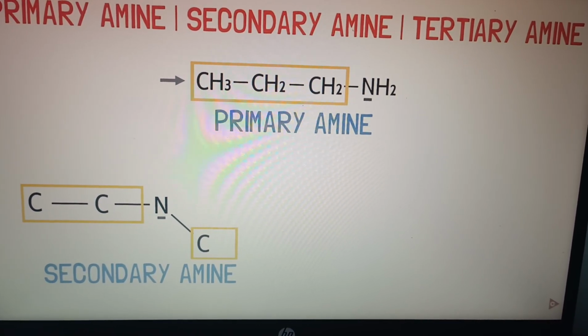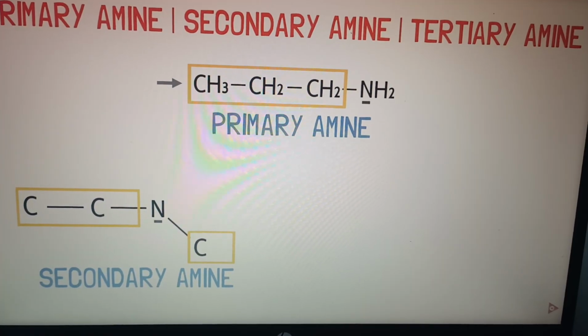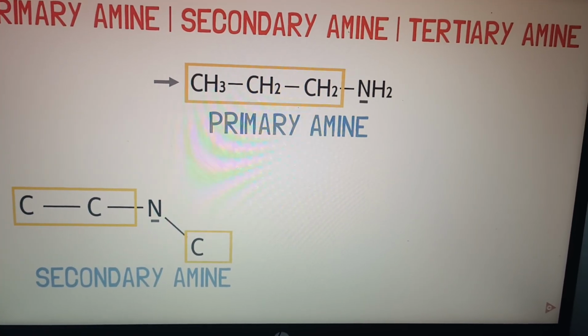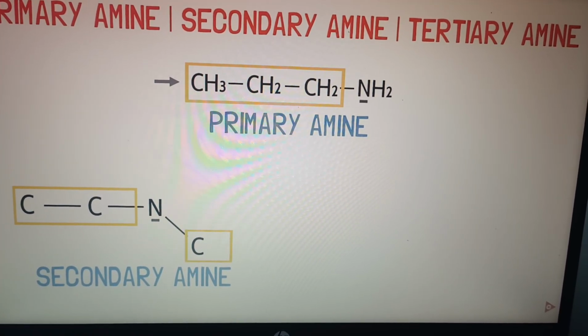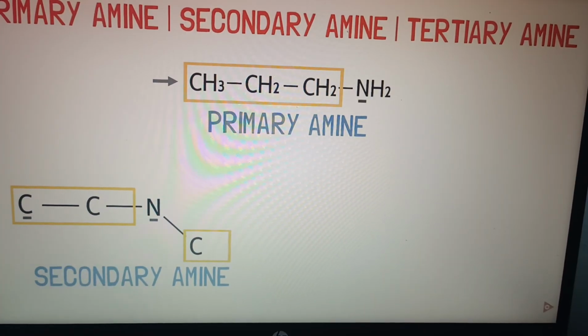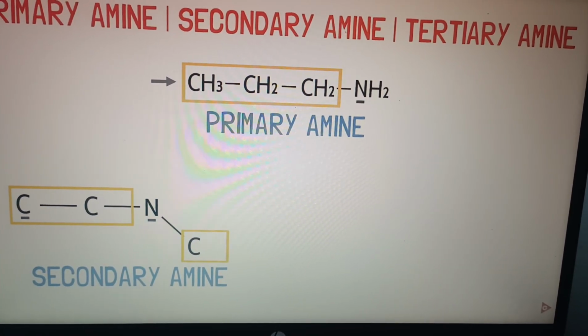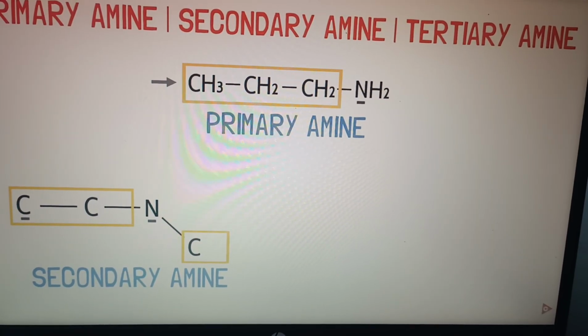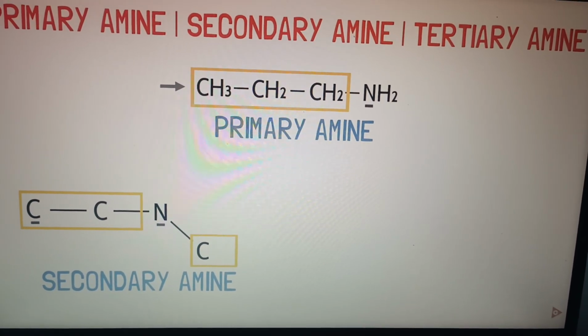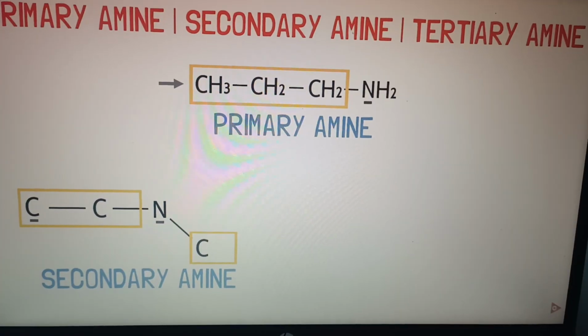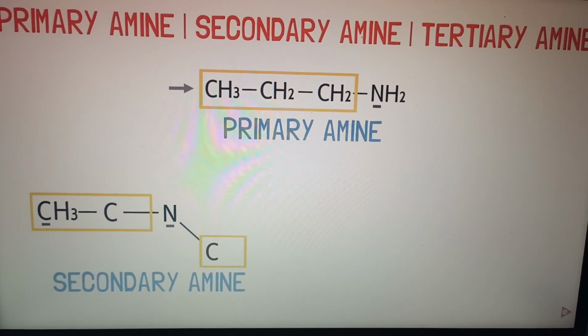So we know how to add hydrogen to carbons. Carbon has four bonds. For this carbon, we have one bond already, so three bonds are left. So we are adding three hydrogens to it, and it will form CH3.